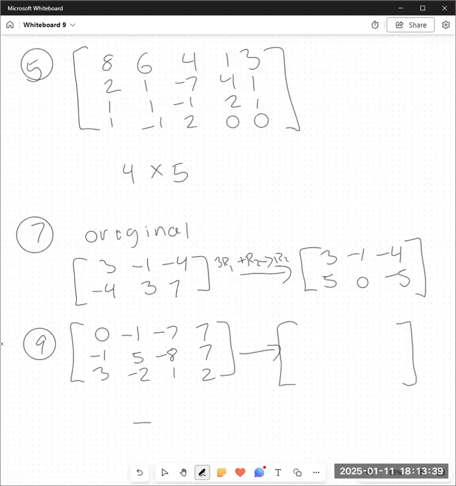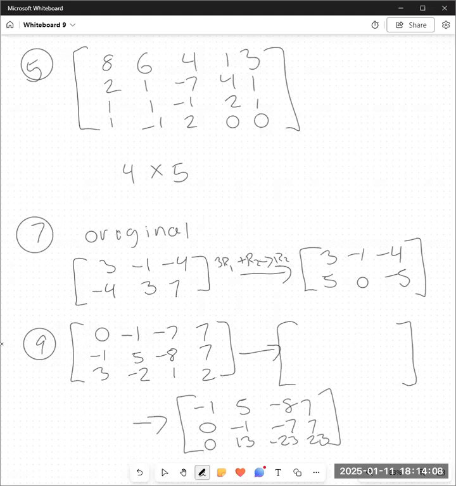So there's an intermediate step before we get to -1, 5, -8, 7, 0, -1, -7, 7, 0, 13, -23, 23.